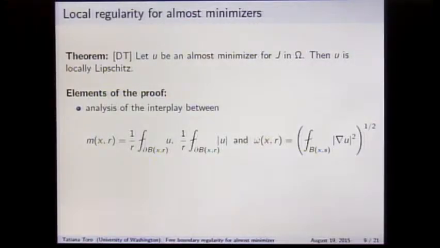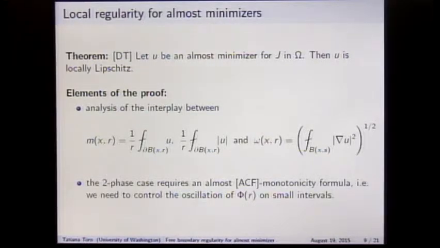And so for the one-phase problem, the proof goes by very carefully looking at the interplay between this guy and this guy, and the regularity result we already have. Now, in the two-phase, we need an almost monotonicity formula. And as you'll see, this initially controls the oscillation of this function phi of r in small intervals.